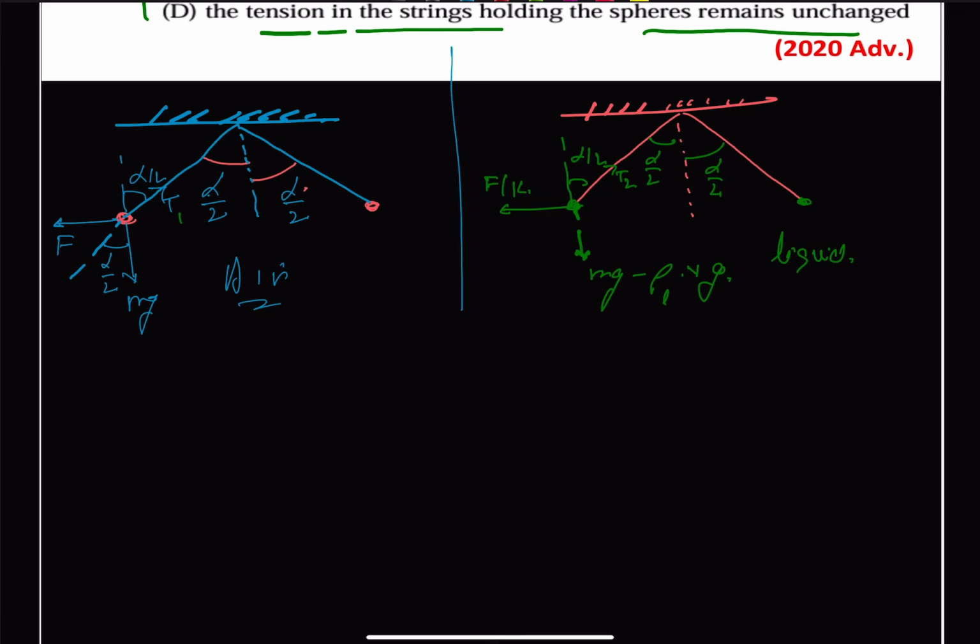So therefore we can say that the angle has to be same. So we can say force is before and after immersion.